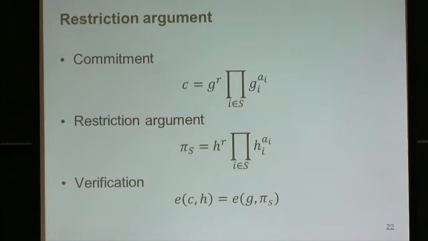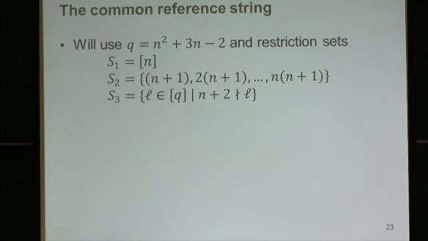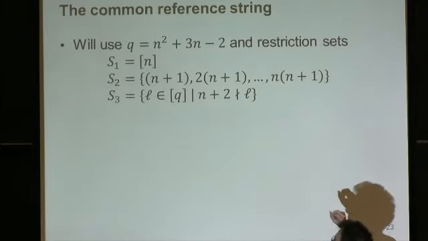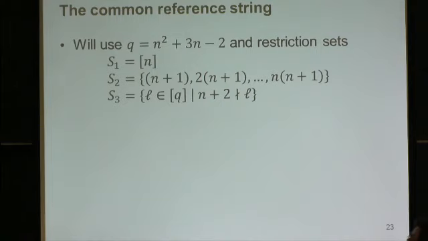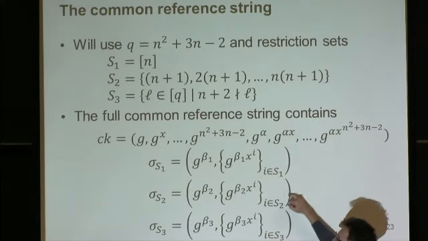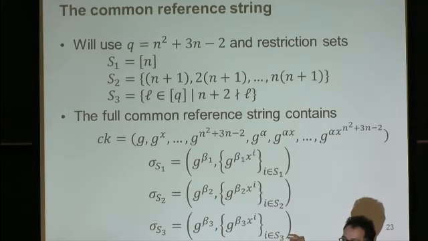Okay, so actually, we'll have 3 different sets. One is 1 through n. The other one is multiples of n plus 1, so n plus 1, 2(n plus 1), and so forth. And the third one will be all the indices that are not divisible by n plus 2. I'll get back to why we get these particular numbers. What it gives us is that we'll have these 3 common reference strings as part of the series. So this is the full common reference string that we'll be using in the argument.